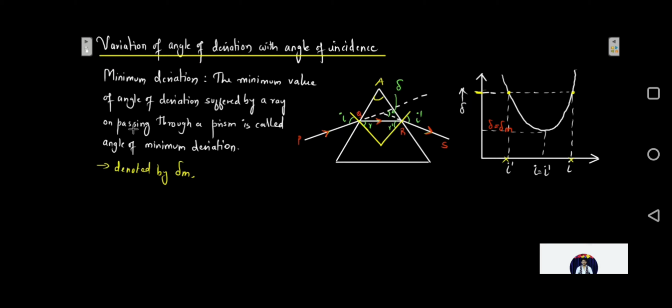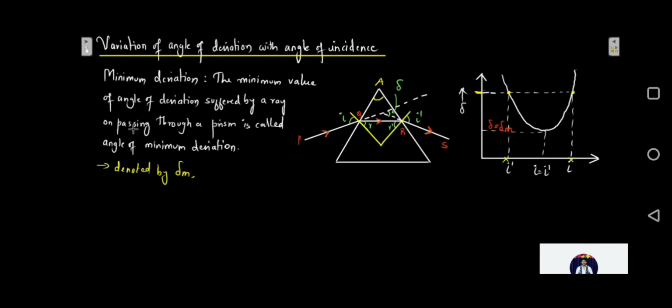So how do we define minimum deviation? The minimum value of angle of deviation suffered by a ray on passing through a prism. So once you pass a ray through a prism, the minimum deviation it can experience will be called the minimum deviation for that prism, for that particular light. And it is denoted by delta suffix m, small m.